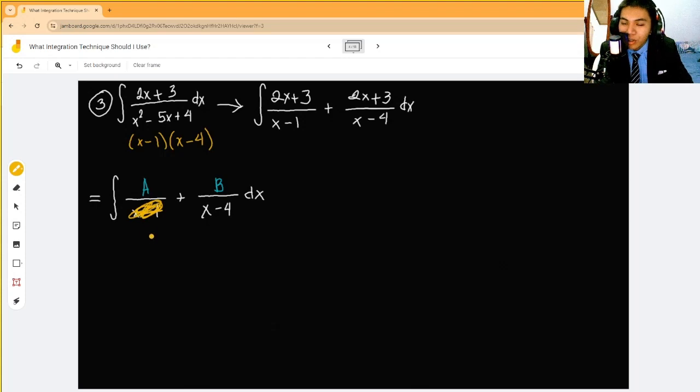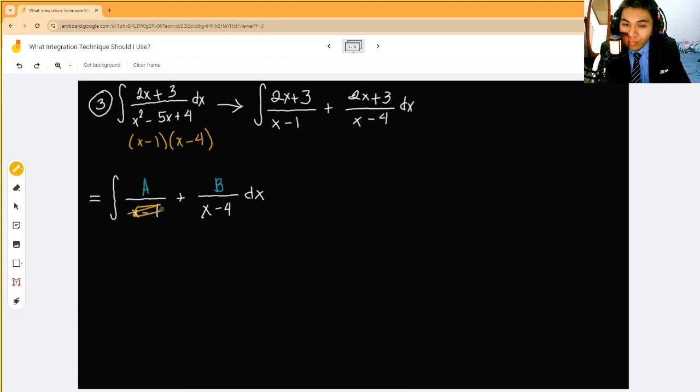Now you ask yourself, what number would make x minus 1 zero, and what makes this fraction undefined? Since our denominator is x minus 1, the value of 1 will make it 0, and it will be undefined since we can't divide by 0.